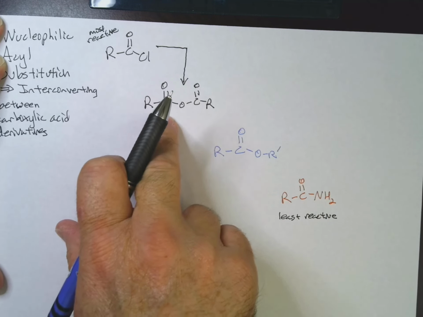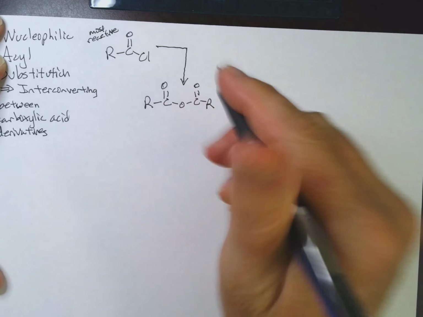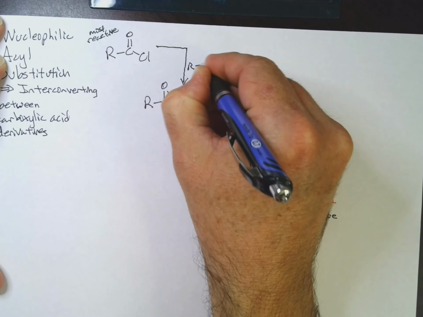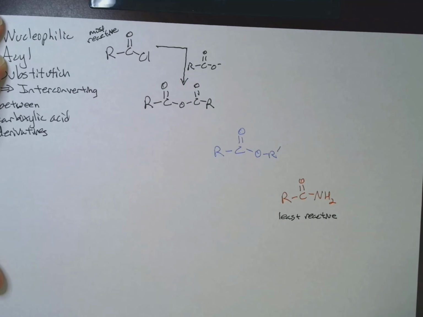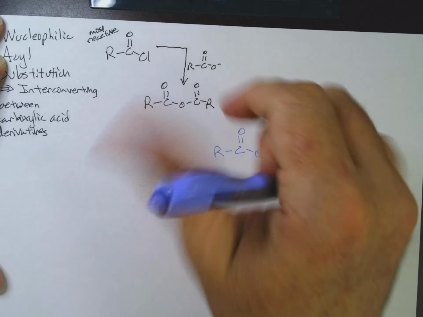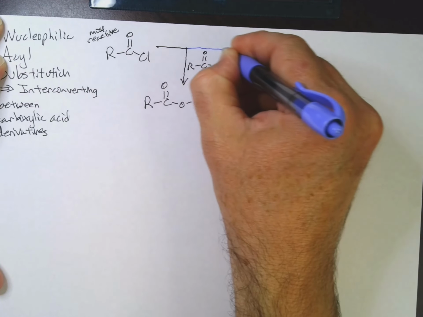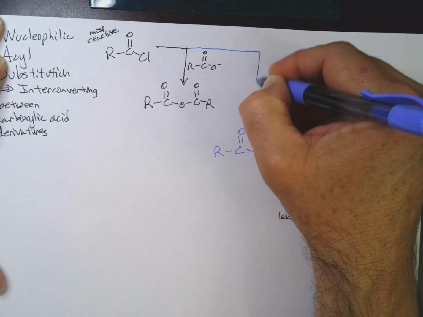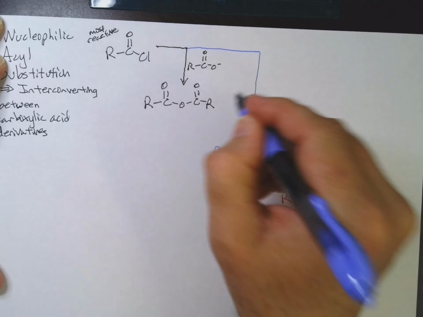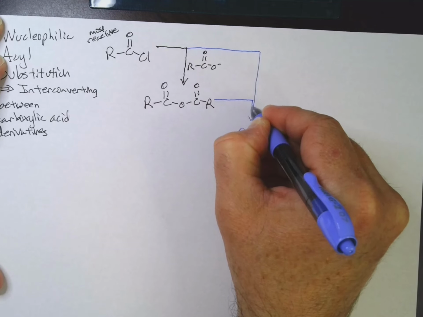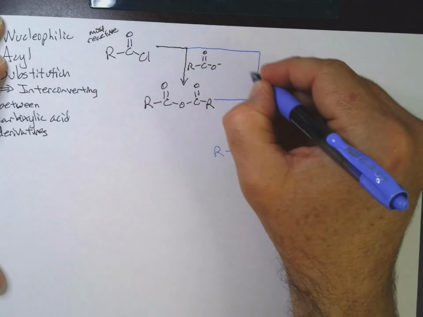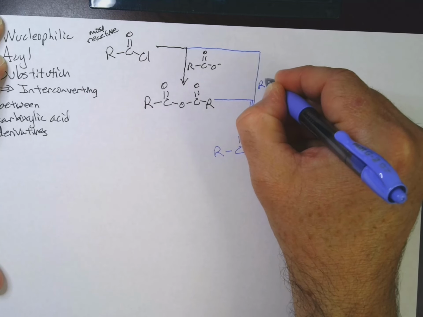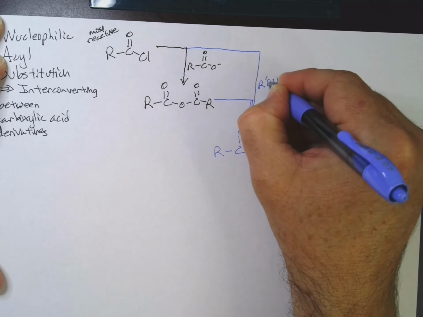I'd want to use as my nucleophile RC double bond O, O minus. That would be my nucleophile. Now, if I wanted to convert an acid chloride to an ester, or convert an acid anhydride to an ester, I could do either one. I'll use R prime OH.